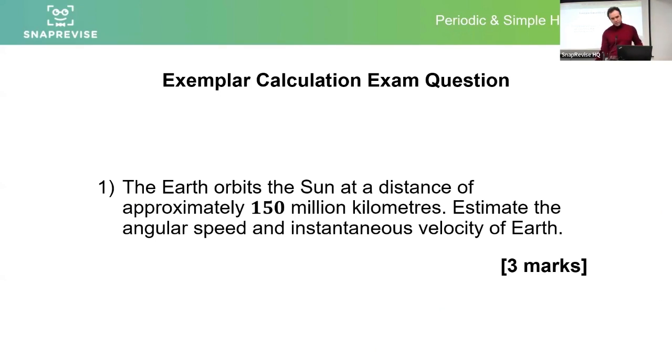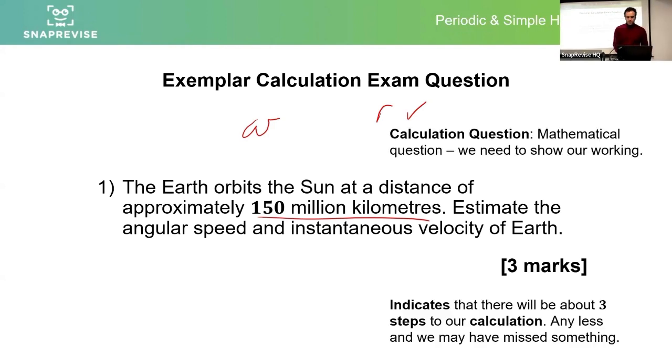It's important to get a really solid understanding of exactly what's going on with this angular speed and how it relates to linear speed. Okay, let's push on. The Earth orbits the Sun at a distance of approximately 150 million kilometers. Estimate the angular speed and instantaneous velocity of Earth. Okie dokie. We want the angular speed. We're given the radius. And it's 3 marks worth, which is quite generous.